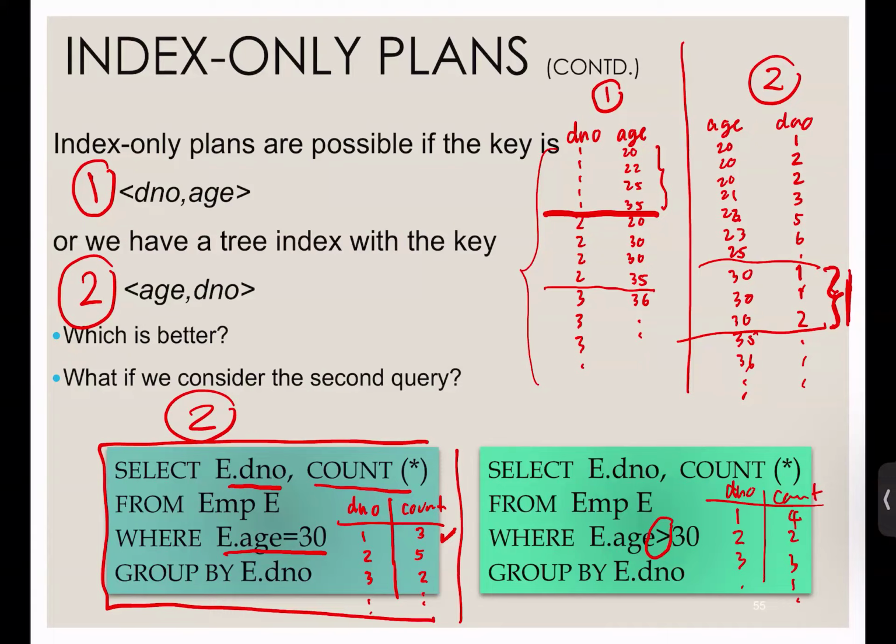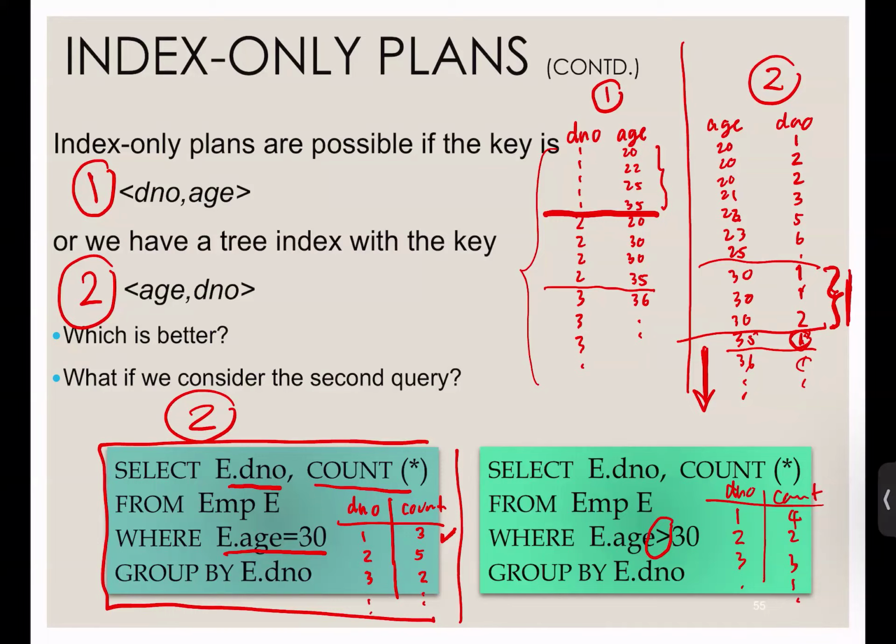Okay, if I use 2, that means age more than 30, so I have to look at people from this point on, right? For age more than 30, I have to go to age 35, count how many DNO 1, and I have to tally everybody from all the age groups. That's pretty bad, right? Because I have to go to age 35, DNO 1, age 36, DNO 1, age 37, 38, whatever, and grab all the DNO 1, and then come back and go for DNO 2, and then DNO 3.